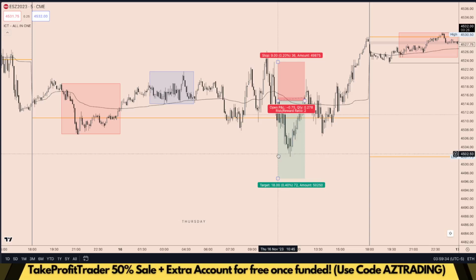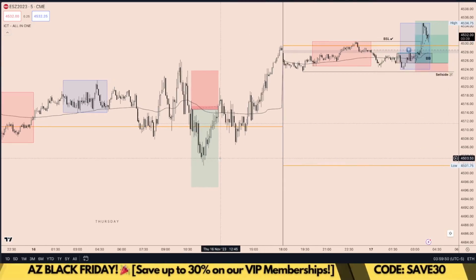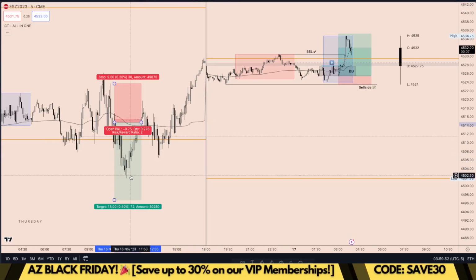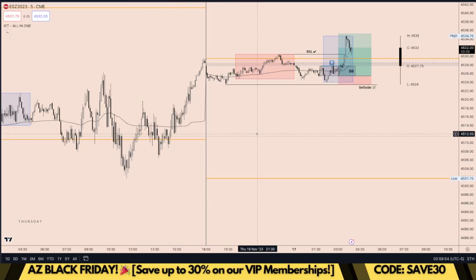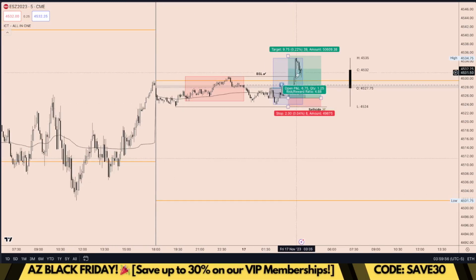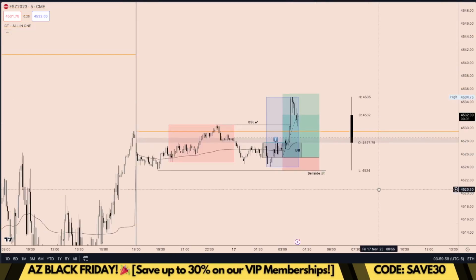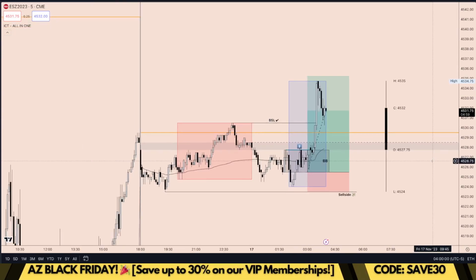If I wouldn't have made the mistake on Monday with the unicorn setup, which wasn't a unicorn setup, and the 2022 model past the kill zone, so 2 really stupid mistakes, we would be up $500 in profit right now. But right now, the challenge sits at break even. We'll see. Maybe next week we get a particularly good week, or the next 2 weeks, and we pass the challenge pretty quickly.